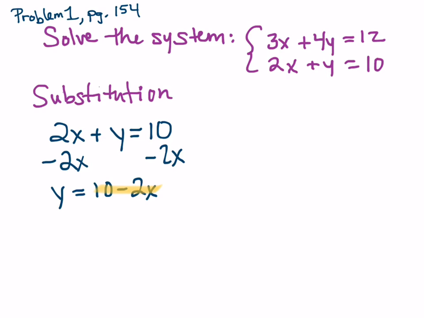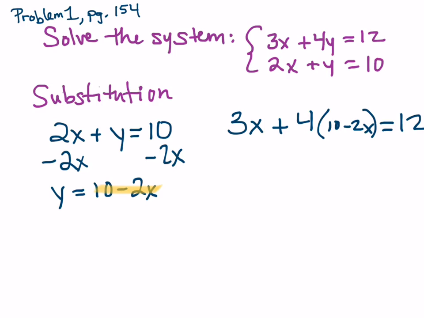So I could go back to either of these equations and fill in that expression instead of y. I want to use this in the other equation that I didn't already use, the 3x plus 4y is 12, but instead of y, I'm going to put parentheses and replace the y with what it equals, 10 minus 2x. That's the substituting part.